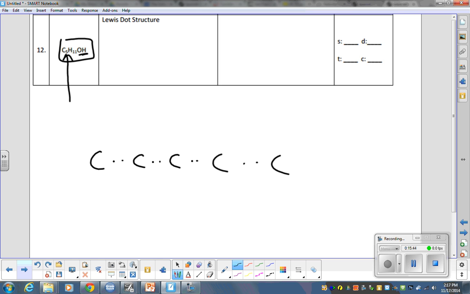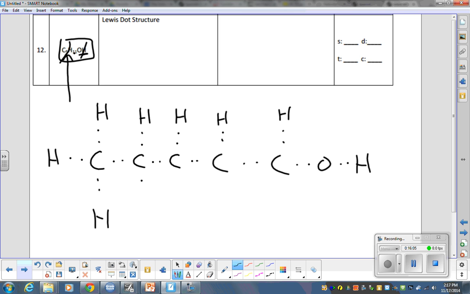So I have that. The only thing I have left to do is add 11 H's. Starting with the C right here, I'm going to add an H, 2 H's, 3 H's, 4 H's, 5 H's, 6, 7, 8, 9, 10, 11. And magically, I have my molecule.